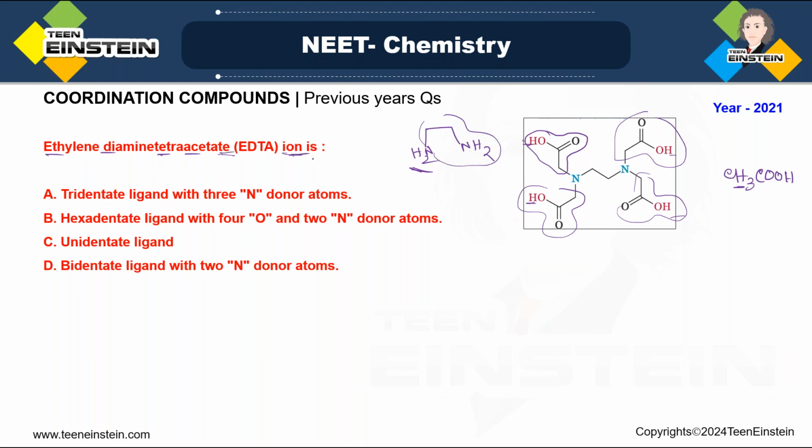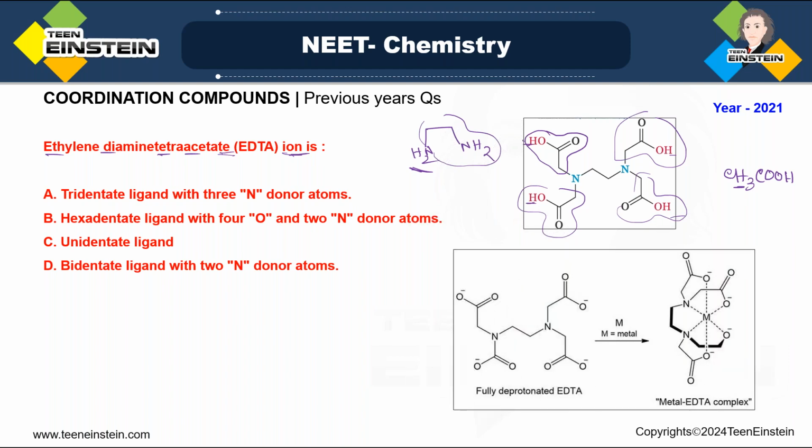Now it is in the ion form, and only in the ion form can you have this type of complex. See, this is fully deprotonated, all the hydrogens we have removed. In the presence of a metal, there are many metals it can complex with, copper, calcium.